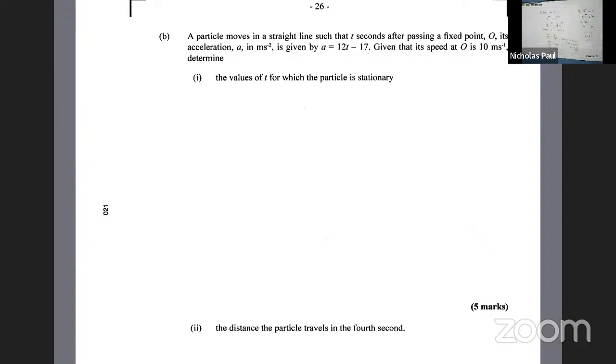Doesn't matter if the t is 0, right? T is 0, so c is 10.